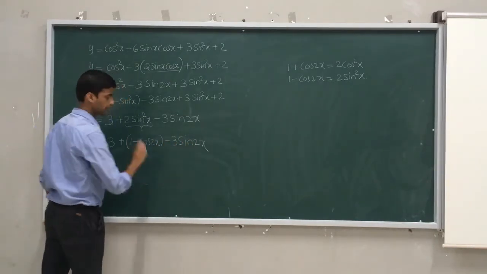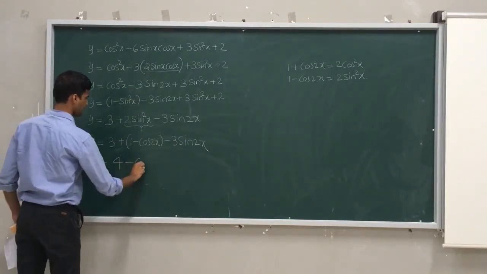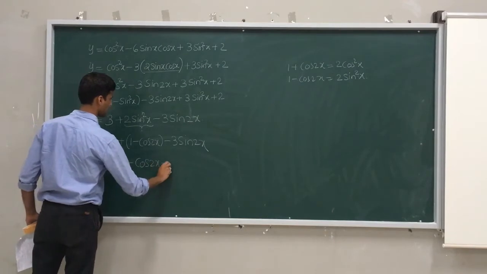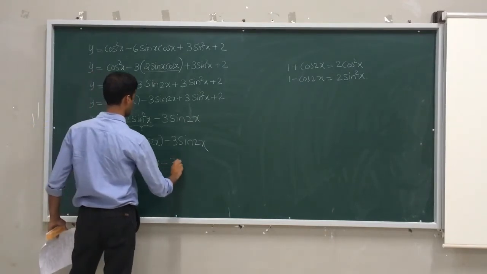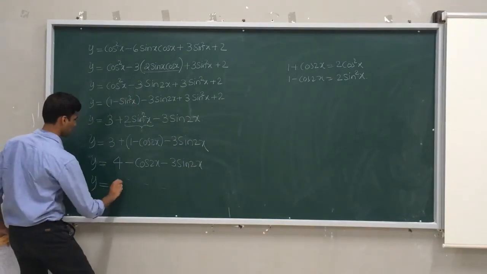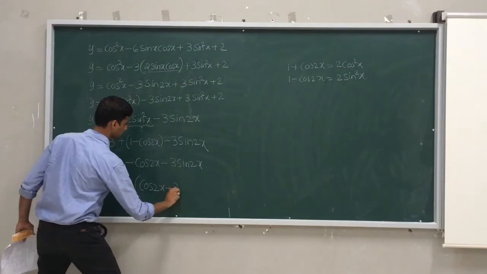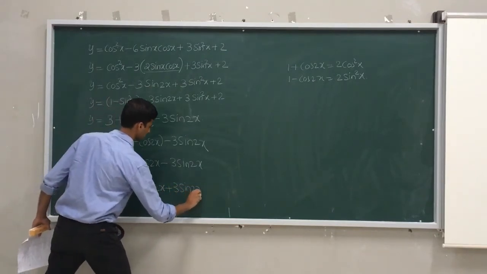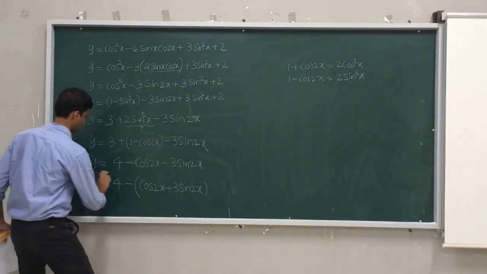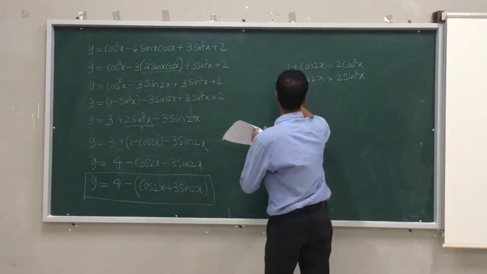Then I'll write plus 1, so 4 minus cos 2x minus 3 sin 2x. Then I will take minus common from the 4, it becomes cos 2x plus 3 sin 2x. So I got this particular expression in simplified form.